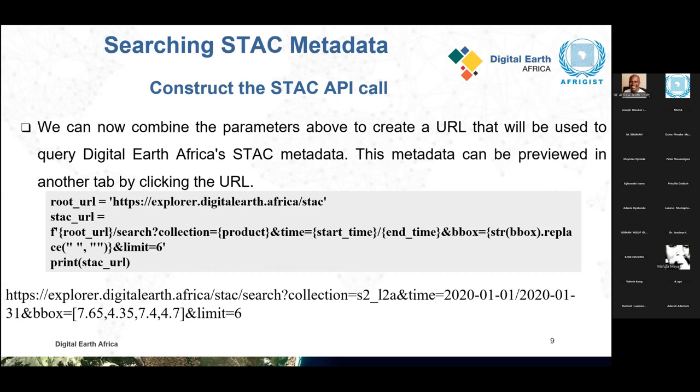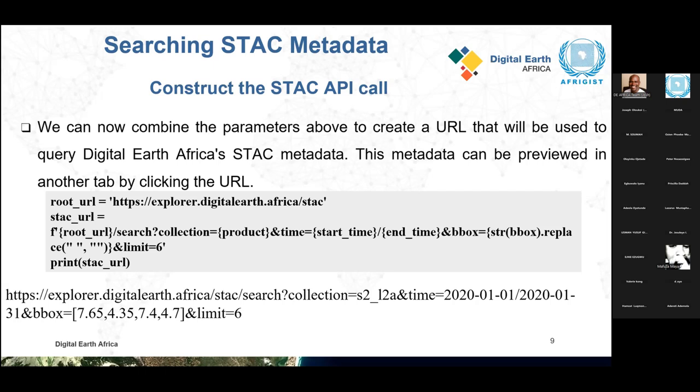So we have the script below, root_url, https://explorer.digitalearth.africa/, and stac_url, where we have the root URL, the search collection, product, we indicate the product and time, start time, end time, and bbox as defined earlier.